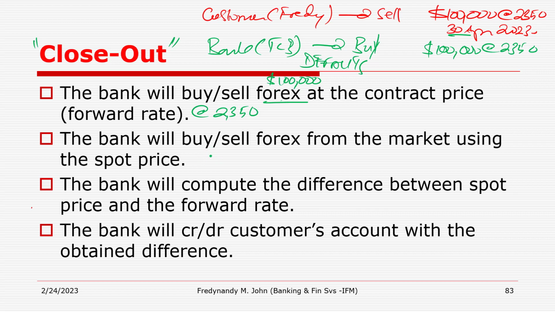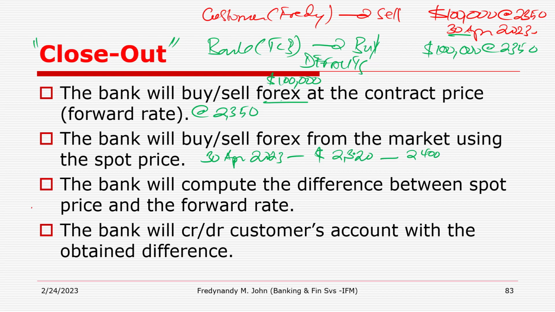So let's assume that on the date of closing the contract, that is on the 30th of April 2023, the spot rates were 2,320 up to 2,400.